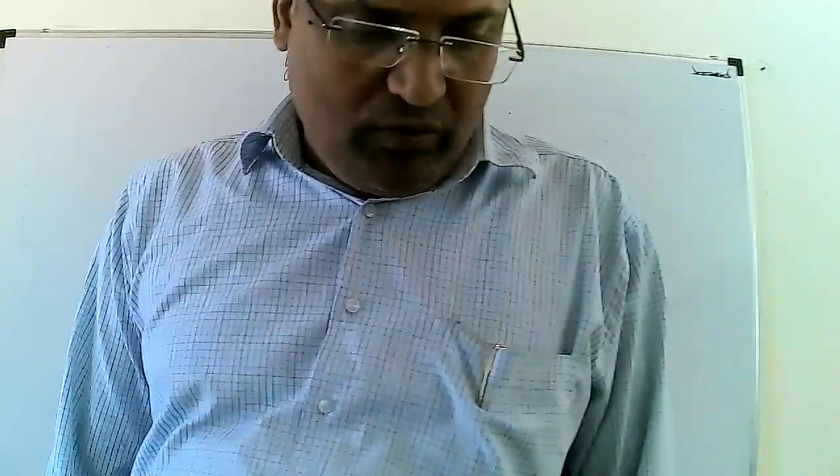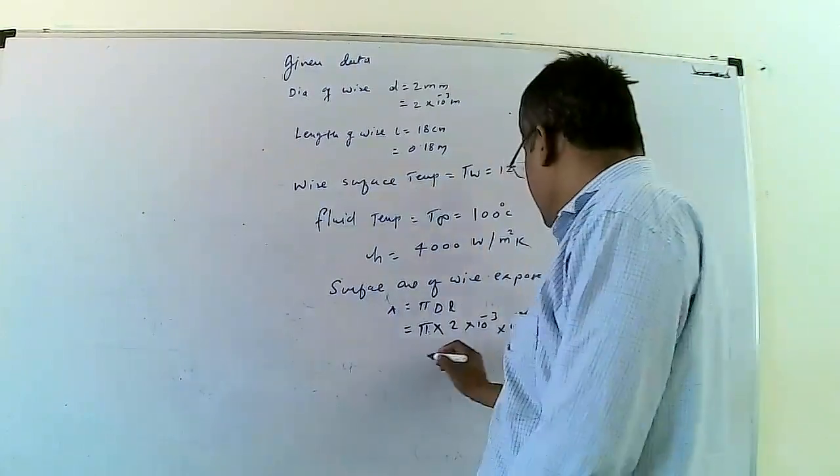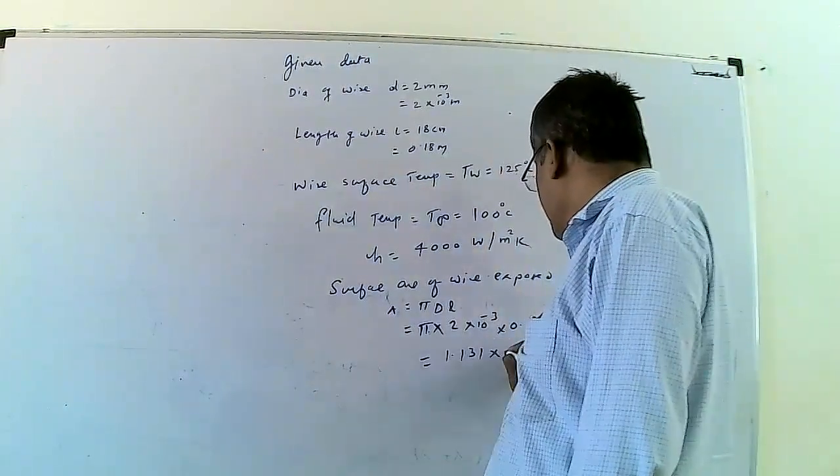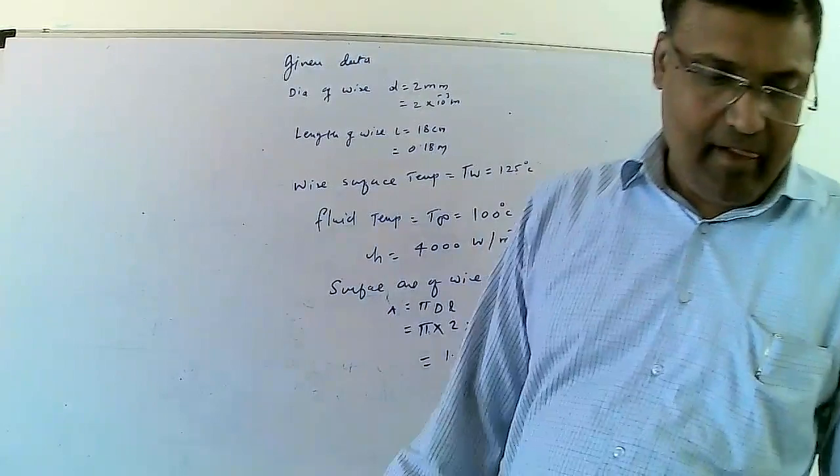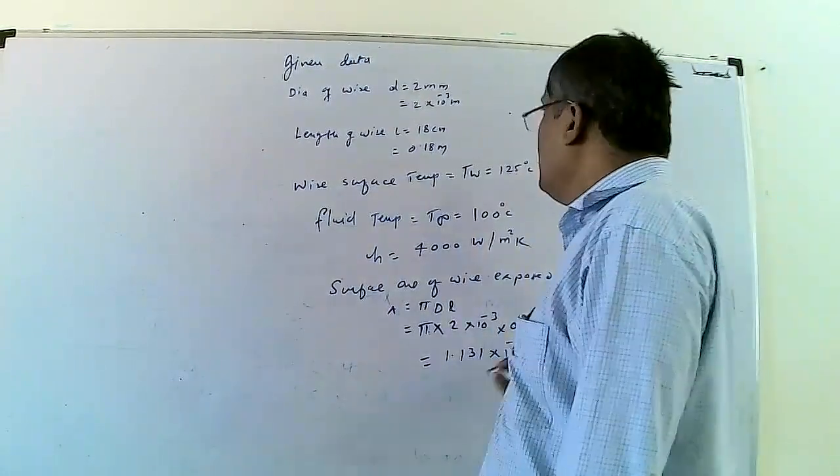Then you can calculate, and the final value you will get is 1.131 into 10 raised to minus 3 meter square.